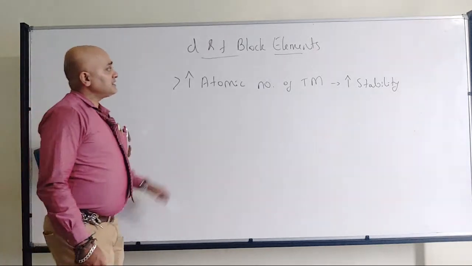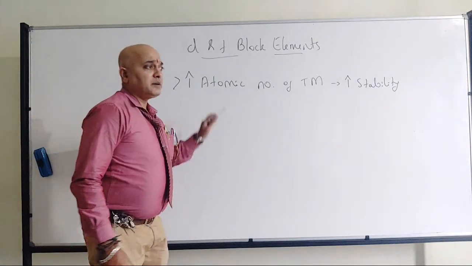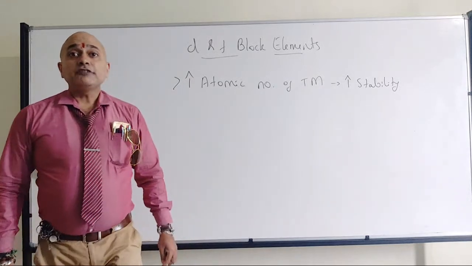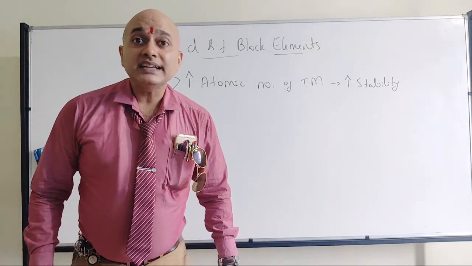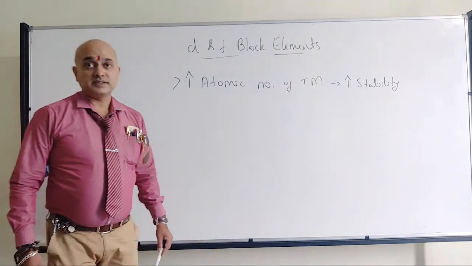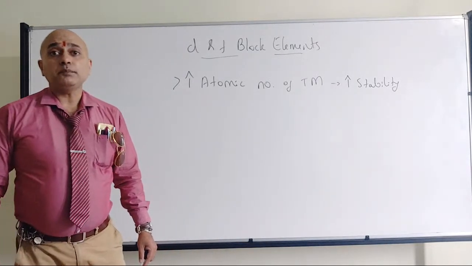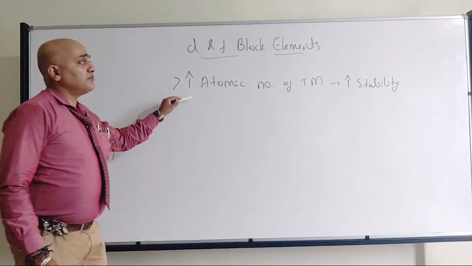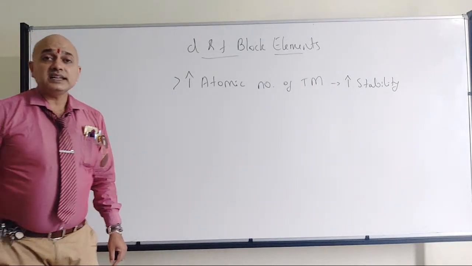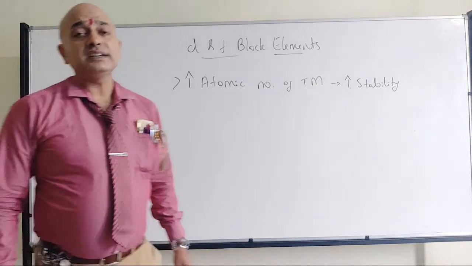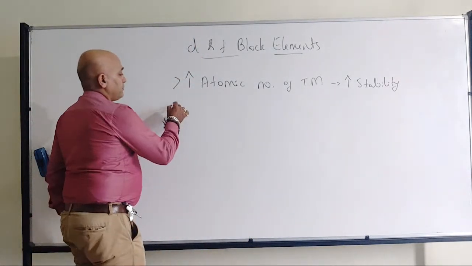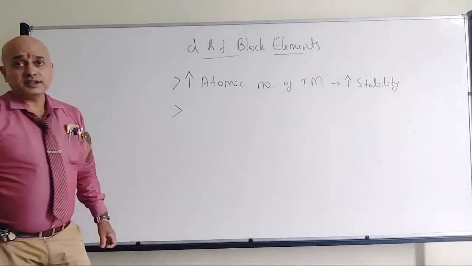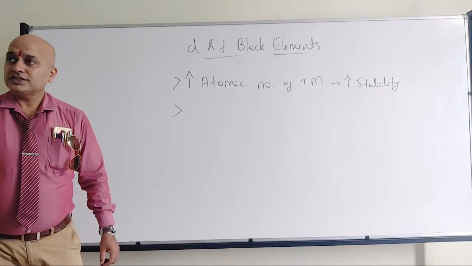And another reason: since the atomic number increases along the period, there is also a decrease in atomic size, so they can easily accept the electrons to make a coordinate bond. That is the reason why the stability of the coordination compound increases with atomic number. All of you have understood?